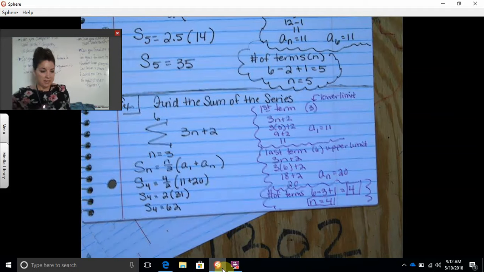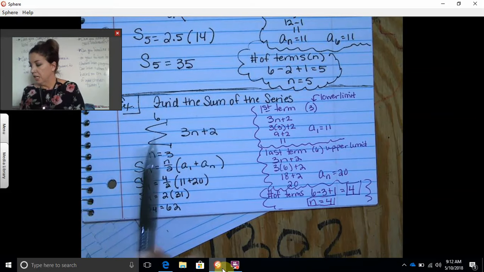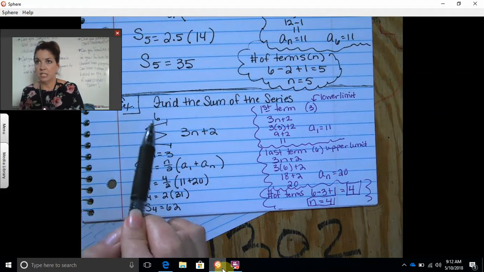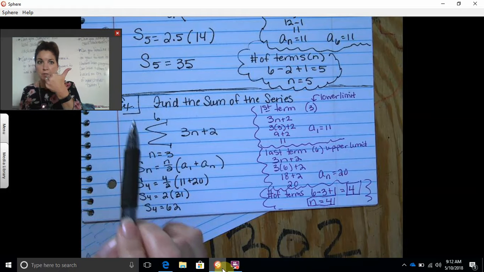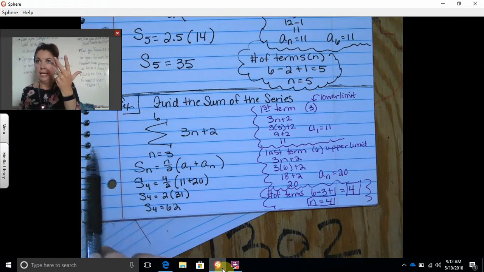Any questions on that? Yes. How do you get the number of terms? Okay, so number of terms. You start with the 3rd term because that's your lower limit, and you're going to the 6th term. So you have the 3rd term, 4th term, 5th term, and 6th term. When there are not that many numbers, it's easy to count on your fingers, okay?